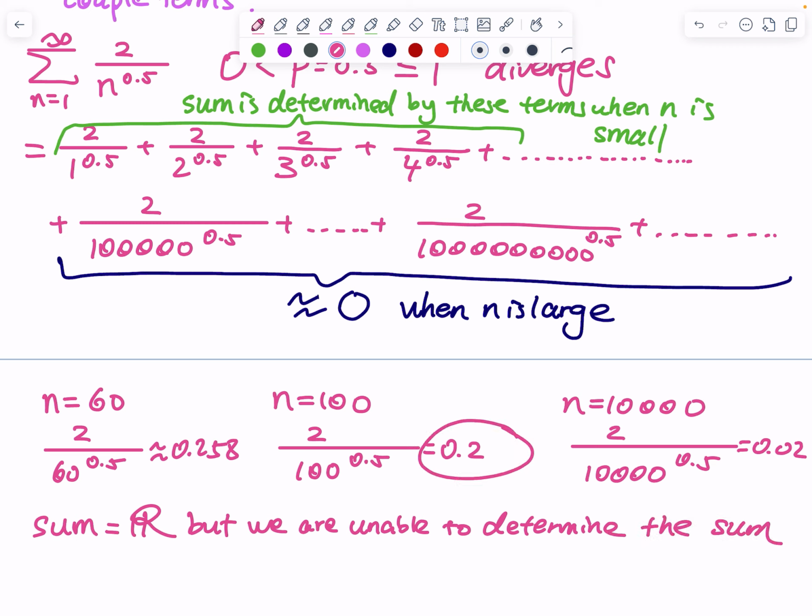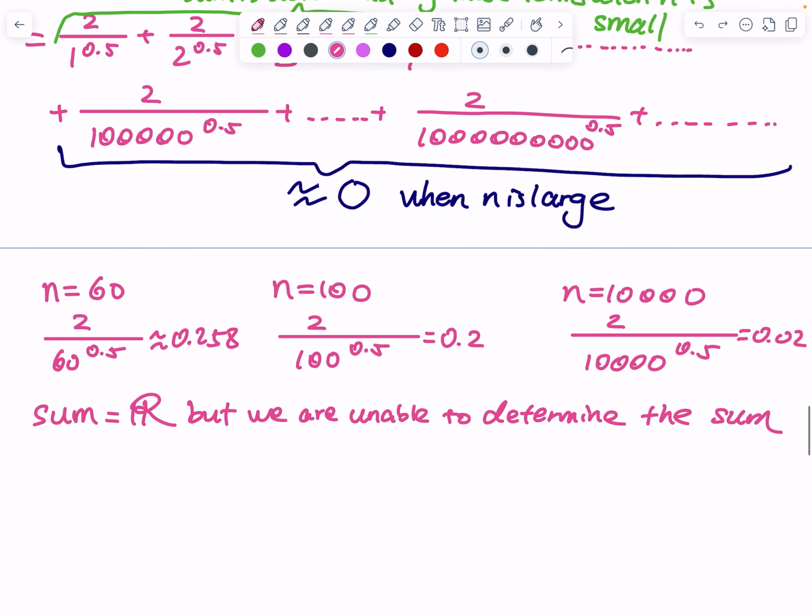This value is not going to give you infinity, but the sum, we are unable to determine what it is. Just like the graph of a function, the function is increasing, but not going to go up like that. It is increasing pretty steadily, slow and steady. But we are not able to determine when this function is going to stop.